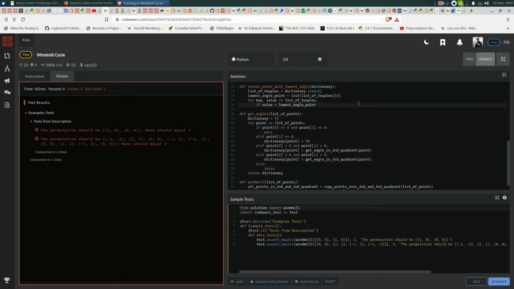Is that logic correct? Because if this is, I don't know, 4, this fishes out the lowest one, right? I hope it does.